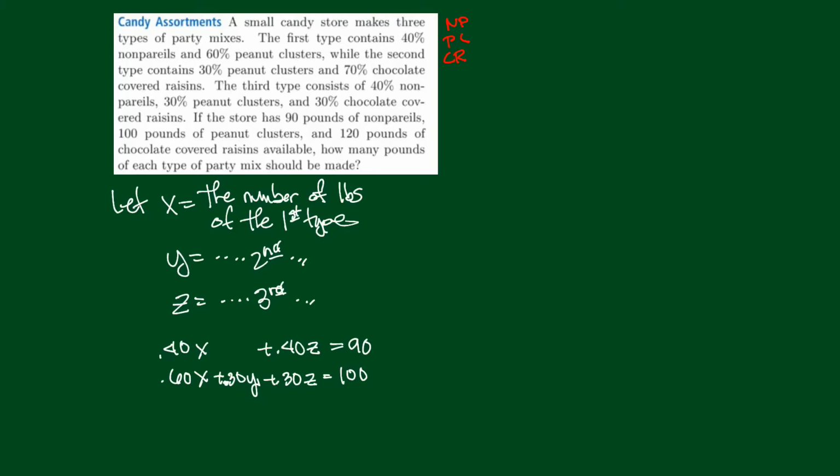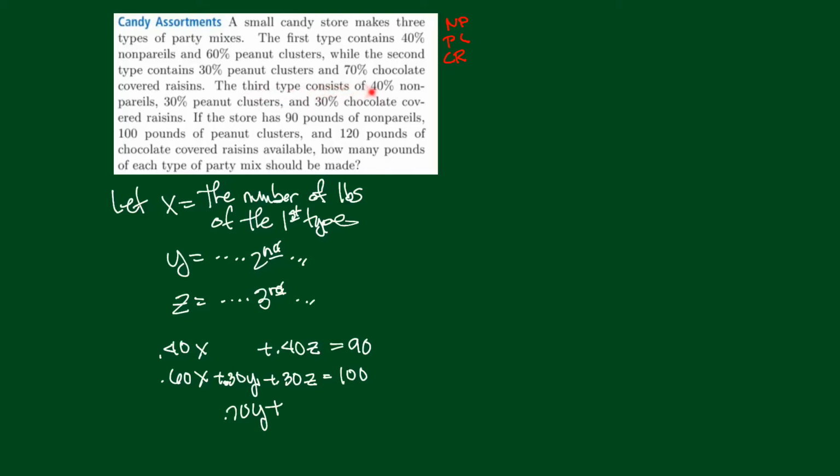And then finally, what about these chocolate-covered raisins? Well, the first type has only nonpareils and peanut clusters, no chocolate-covered raisins. The second type has 70% chocolate-covered raisins, so that's going to be a 0.70 for the second type, plus, what about the third type?